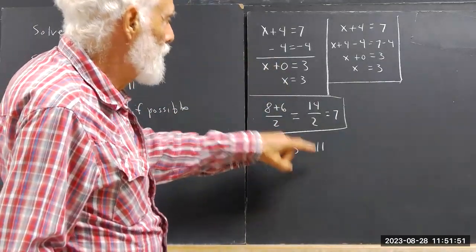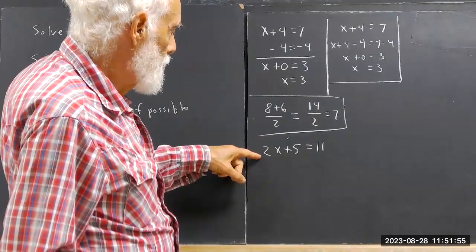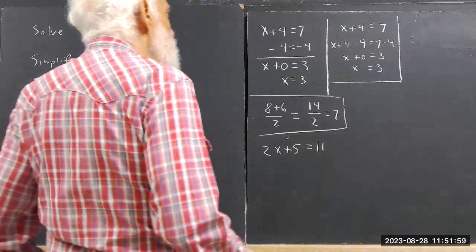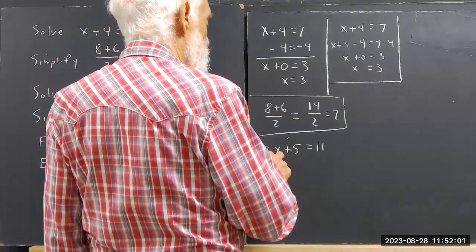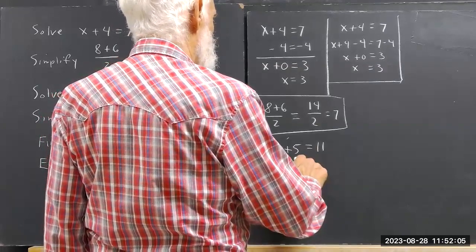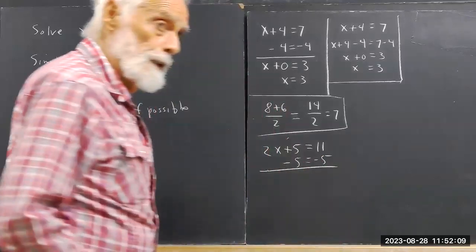Okay, so anyhow, down here, you got 2x plus 5 equals 11. You want to isolate the x, so you subtract 5 from both sides. I'll go ahead and write it out this way because it's the way most people are confident with.